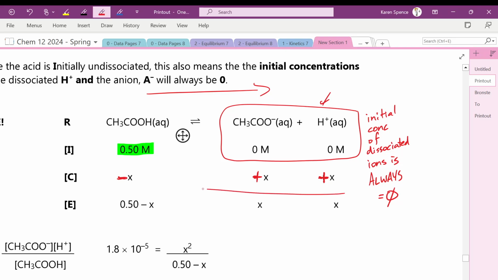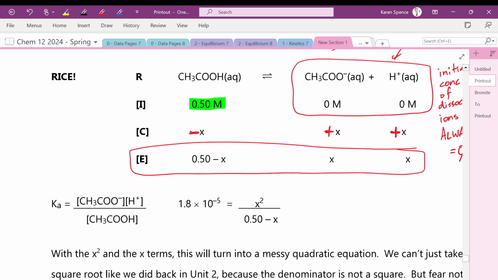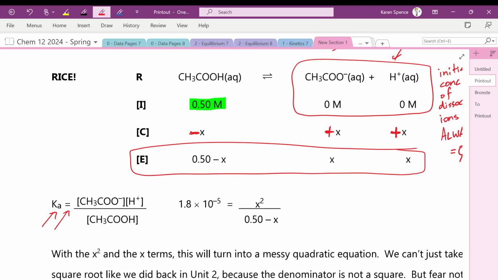Okay, so we have our equilibrium concentrations. We're going to make sure we have written our Ka expression, including Ka equals, don't forget that part. Sometimes people forget that. Ka equals products over reactants, write your actual substances in there. And then, where did we get this number from?